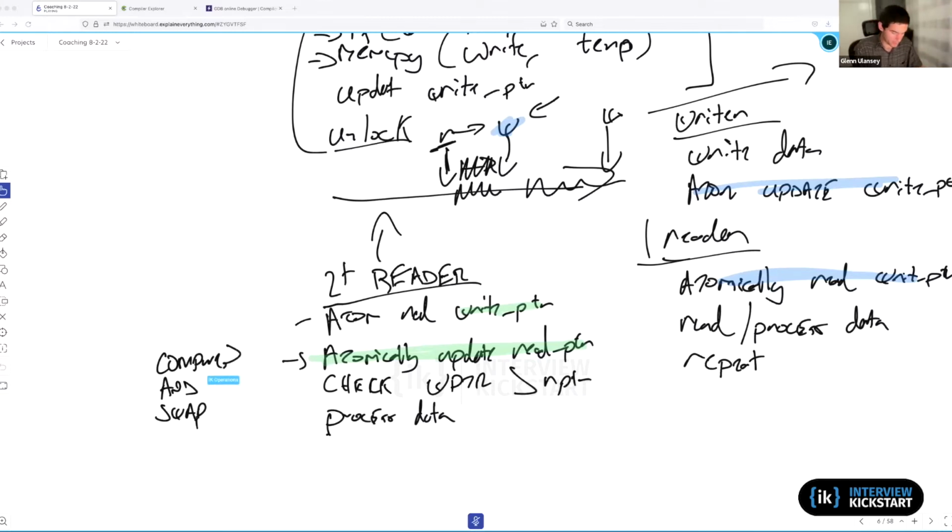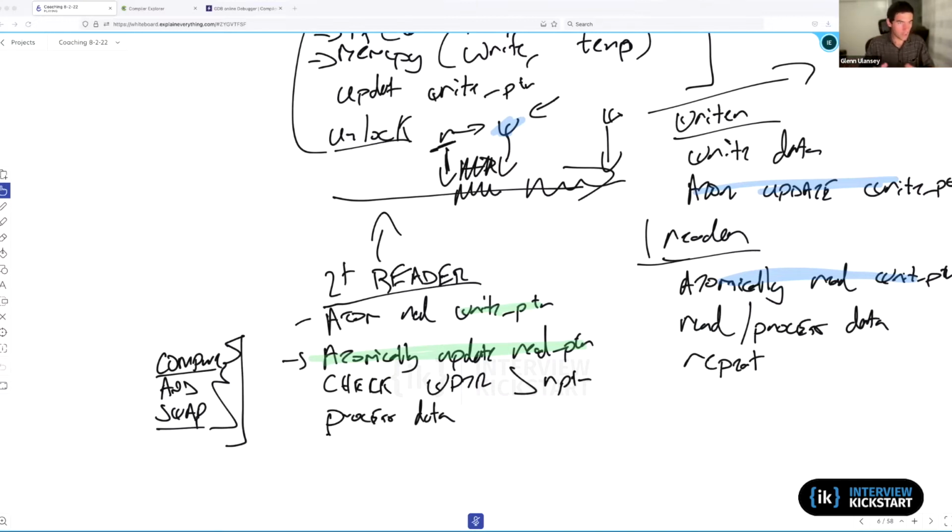Compare and swap, there's a couple others as well, but compare and swap is going to be the typical tool. You compare that the read pointer value that you thought it was is in fact what the read pointer was at the time this atomic operation is performed. And only if the compare succeeds do you swap, or update the read pointer, to the new value. So those two tasks need to be done atomically as a single operation.